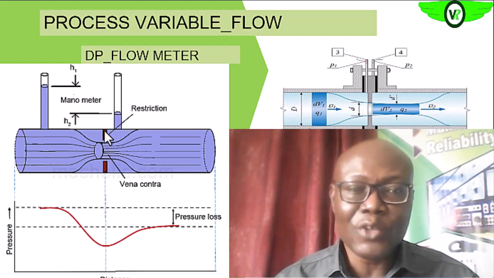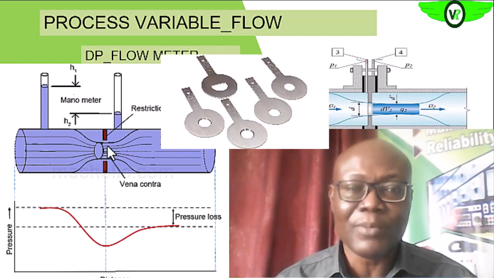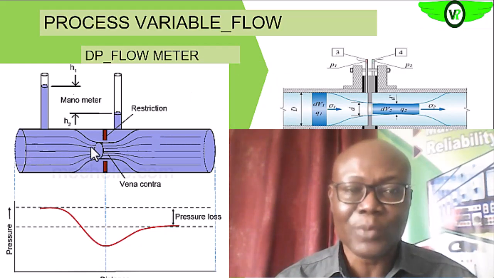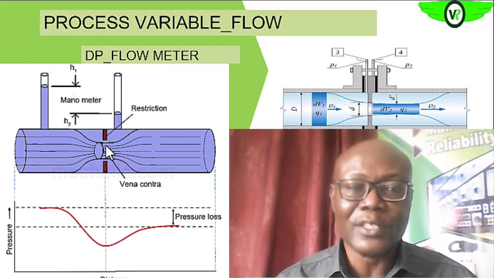For us to create that pressure difference, we place a restriction on the line of flow. This is an orifice plate, a circular plate with an opening in the middle. Once that plate is placed on the line of flow, it momentarily stops the fluid at this particular position.